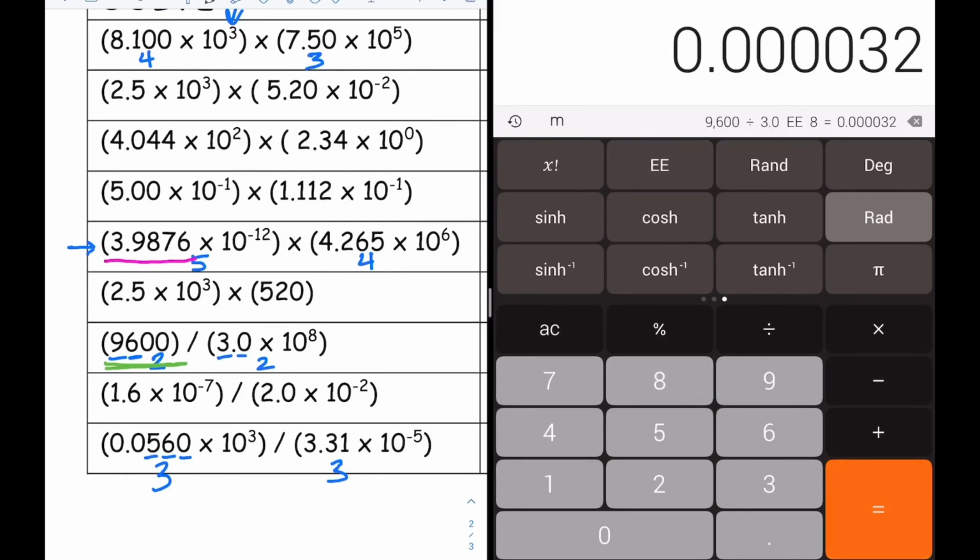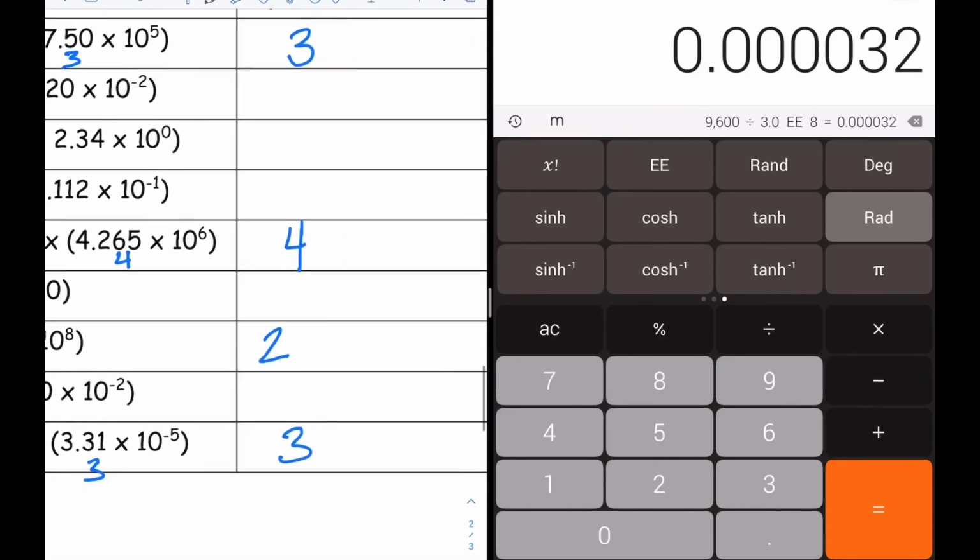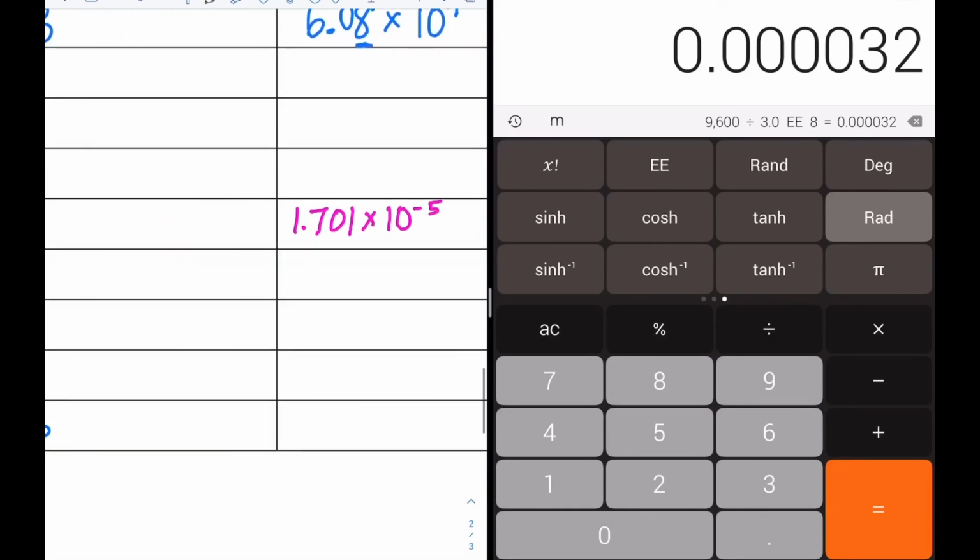Okay, remember to record only 2 digits in your final answer. So 3.2 times 10 to the power of, let's see, we're moving the decimal point to the right, so it's going to be a negative exponent, and we're moving it 1, 2, 3, 4, 5 places. So it lands between the 3 and the 2.